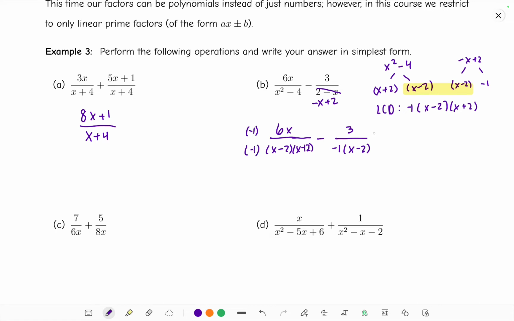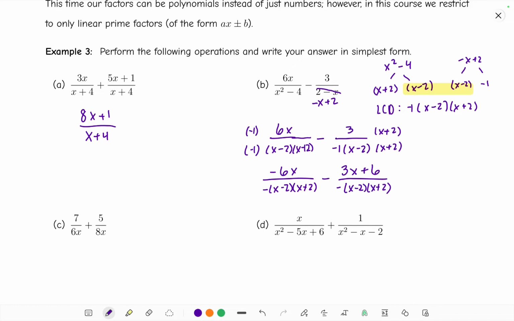And the second one, we're missing the x plus 2. So then we get negative 6x over negative x minus 2, x plus 2, minus 3x plus 6 over negative x minus 2, x plus 2.